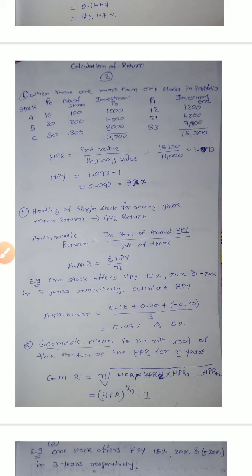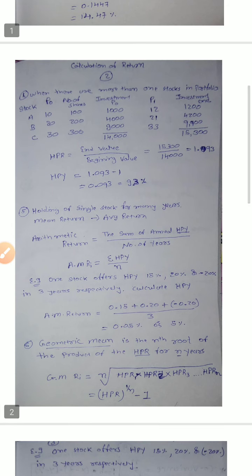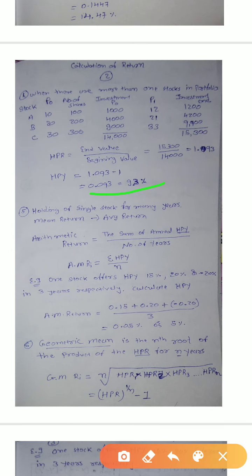That gives you 1.093, and for HPY we need to do HPR minus 1. So 1.093 minus 1 gives you a 9.3 percent return. So if you invested 14,000 and held it for 1 year, and at the end the value is 15,300, then you earn a 9.3 percent return.